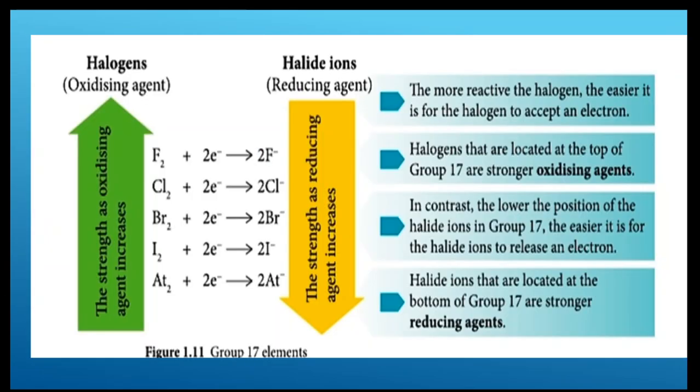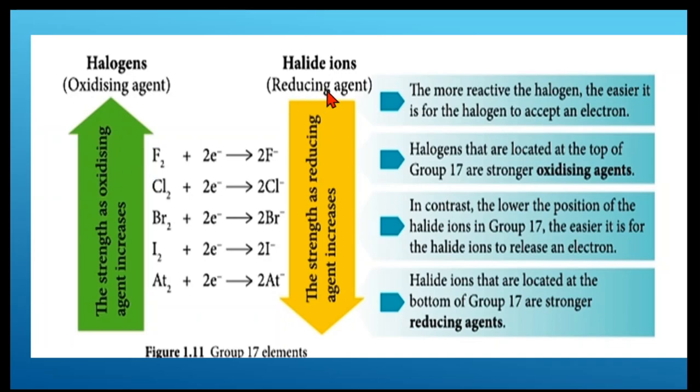So this one is the halogen and this one is the halide ion. Okay, halogen dia ini from F2 sampai At2. So di sini from F minus sampai At minus lah. Okay, so di sini menaiki group 17 ini, up group 17 element, the strength of oxidizing agent increases.